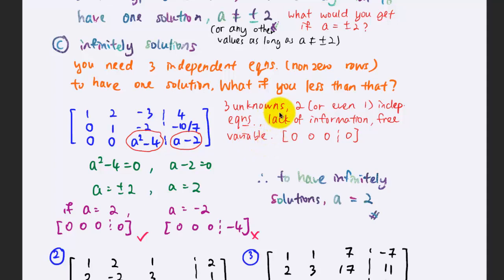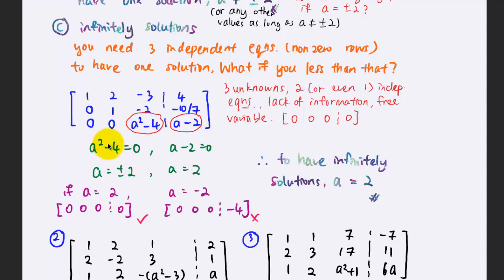The typical form of infinitely many solutions is that you have a whole row equal to 0, such that you reduce the number of independent equations. In this case, since A is only a variable in the third row, we can vary the values of A such that we get the whole zeros row here.